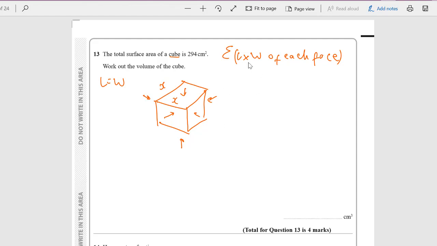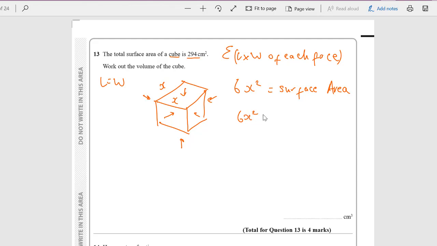So we know that one face is going to be length times width, so x squared. We know we have 6 of them, so that means it's going to be equal to 6x squared. So that's the surface area. And we're told that the surface area equals 294.